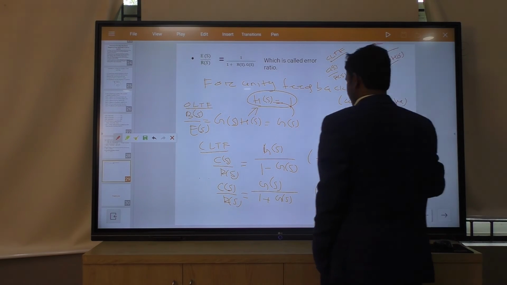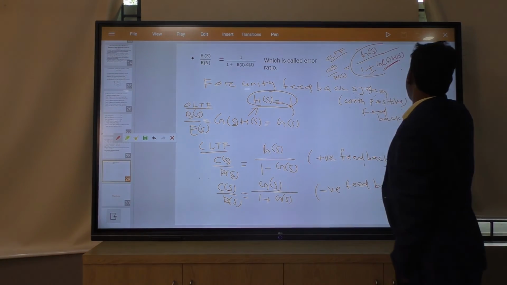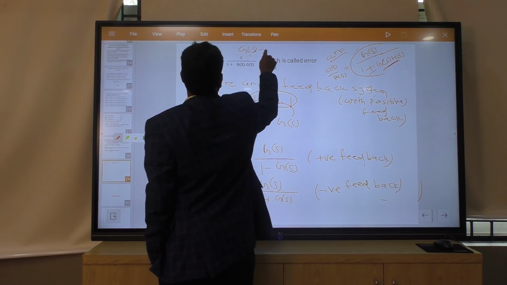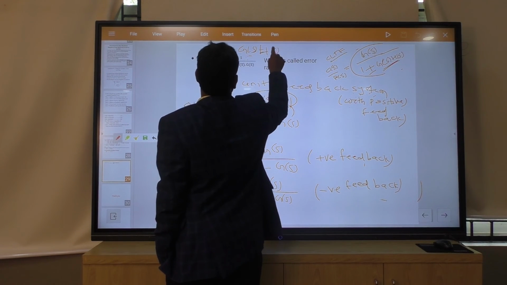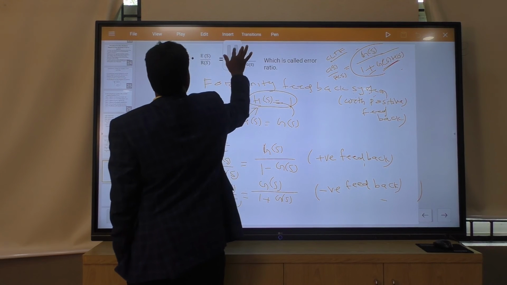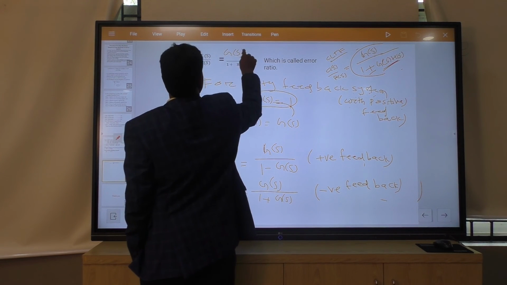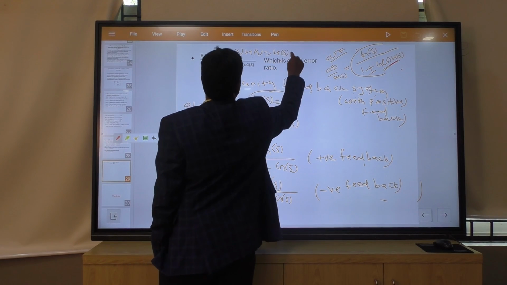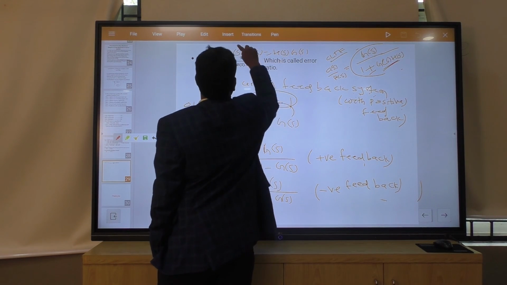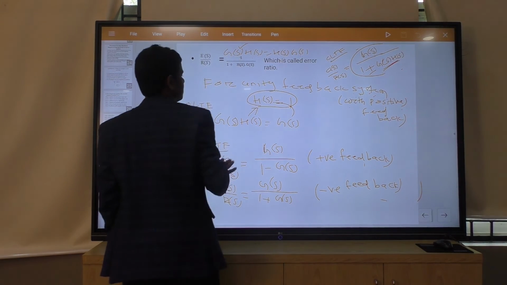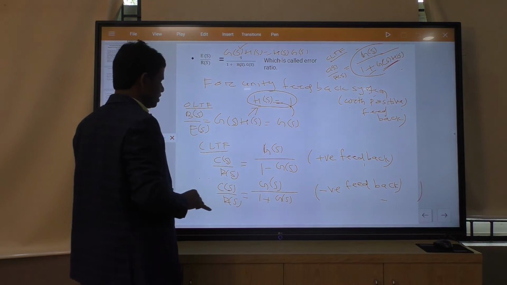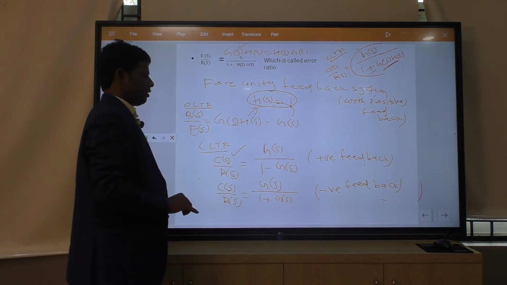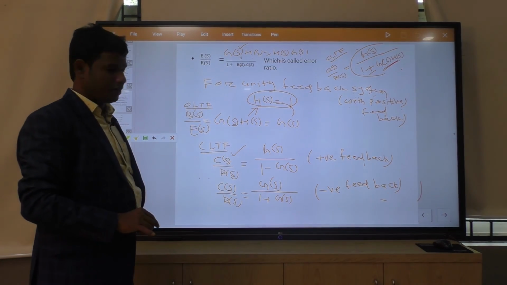GS HS is the same as HS GS. Multiplied, both are the same. You can write GS HS or HS GS, no problem. So this is the closed loop transfer function for a positive feedback system with unity feedback.